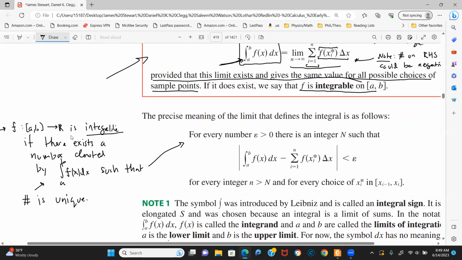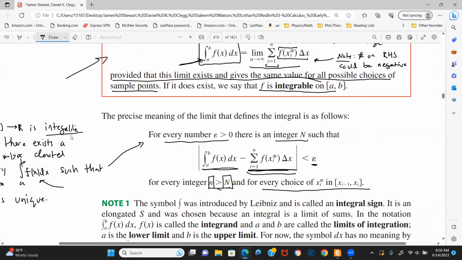If there exists a number denoted by this, such that it has the following property: for every epsilon there exists an integer N, such that this number that is guaranteed to exist is within epsilon units of this approximation right here, for every subdivision where the number of subintervals is bigger than this capital N, and for every choice of sample points in each subinterval.